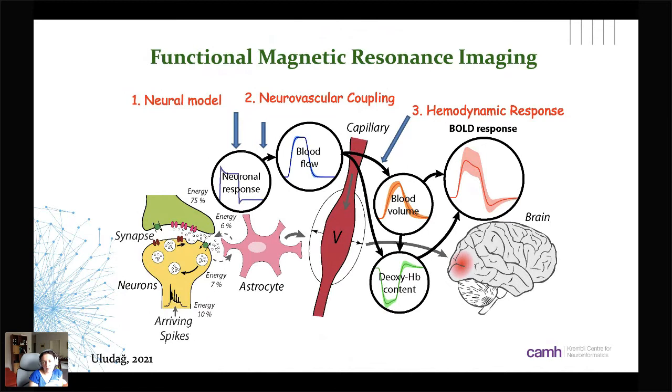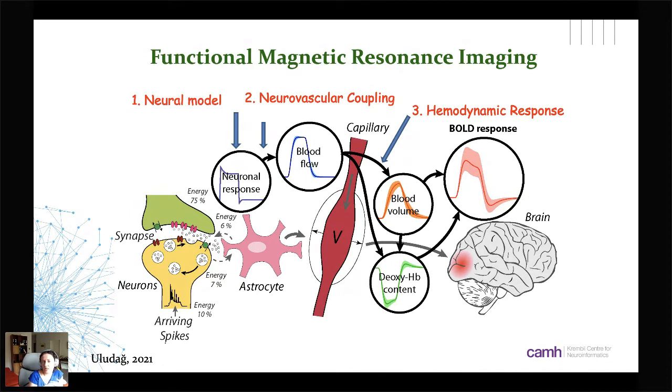And that's because of the measurements of the accompanying hemodynamic processes. So an increase in neuronal activity, as you see here on the left, causes localized changes in cerebral metabolic rate of oxygen metabolism. And this, in turn, induces changes in cerebral blood flow, cerebral blood volume.